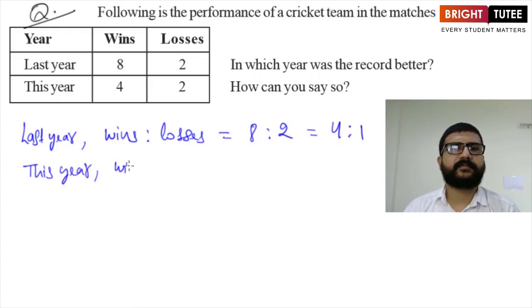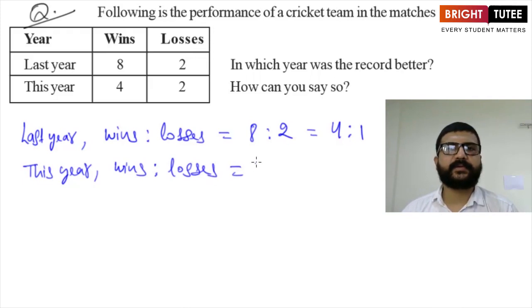Ratio of wins to losses will be equal to 4:2. As they won 4 matches this year and lost 2 matches, so it is 4:2. When simplified this will become 2:1.